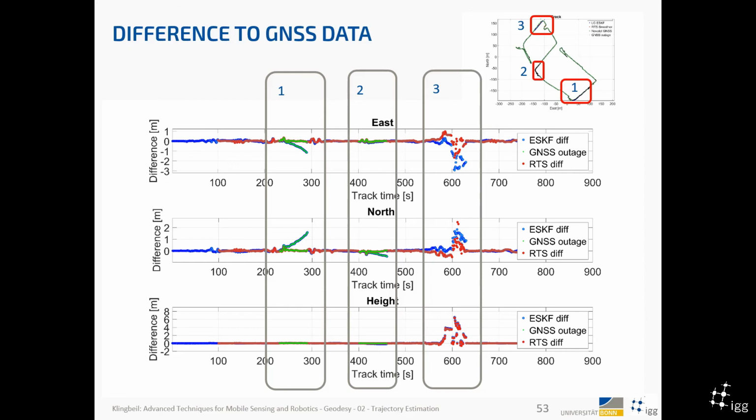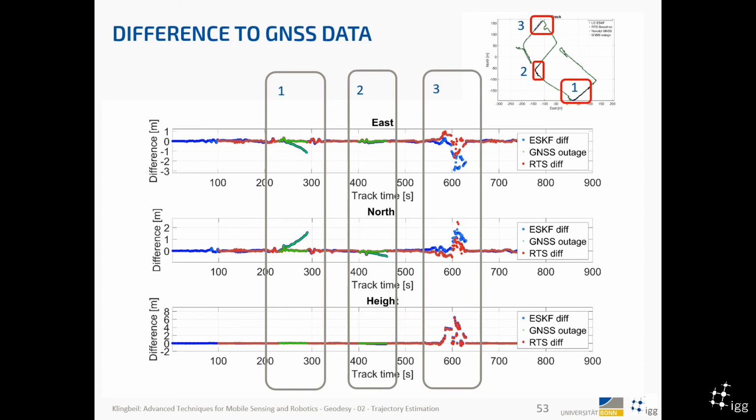Okay, as I just said, we look at the difference to the GNSS data, although this is not the perfect way of reference, but this is the only chance that we have. And we look specifically at three different points. This here is area 1, right, where we can see the behavior exactly as we discussed before in the smoothing part.